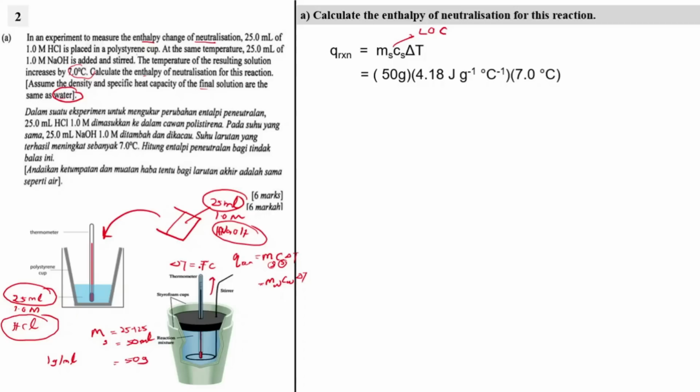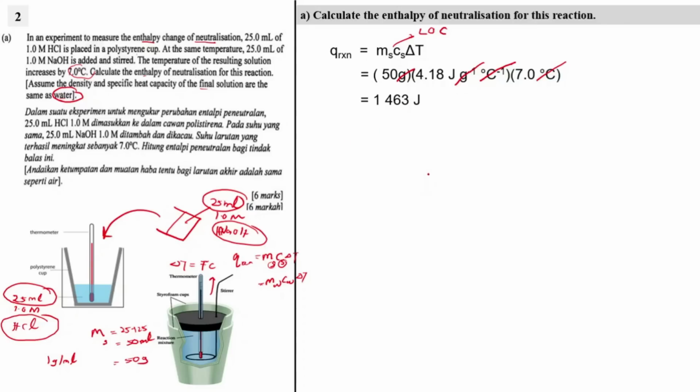So here is the delta T. We plug in here, and degree Celsius and per degree Celsius, gram and per gram can be cancelled out. And lastly, we're going to get the unit of joule. Once we do the maths here, we're going to get the heat to be 1463 joule.